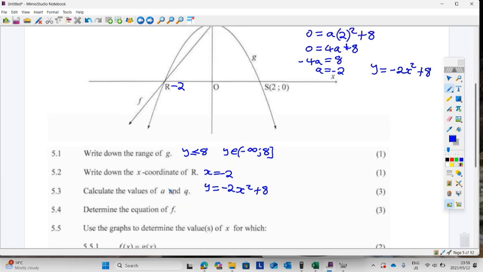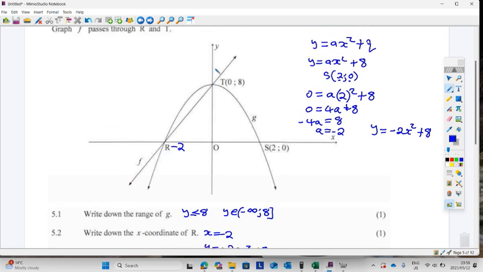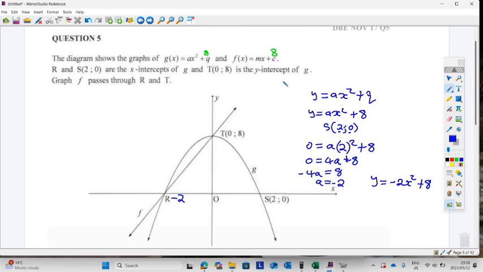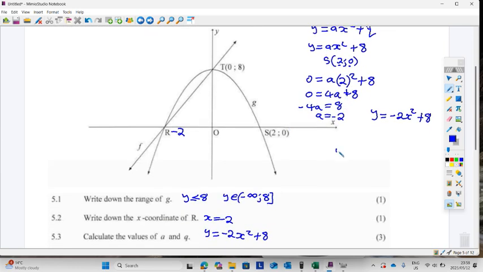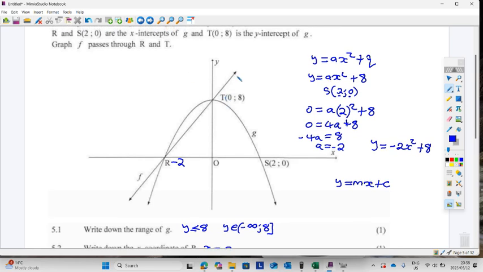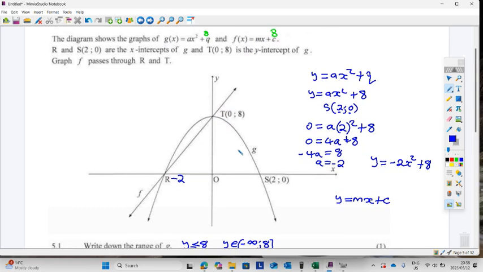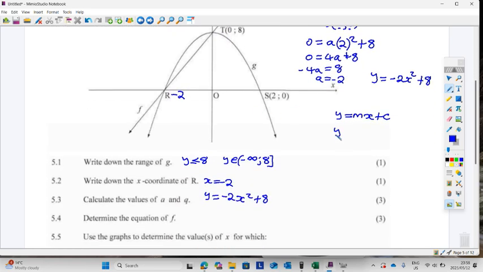Determine the equation of f. There is our f, and that is f of x is equal to mx plus c. Let's write it here. y is equal to mx plus c. And we agreed that the value of c there is 8. We are given that in the diagram. So it's y is equal to mx plus 8.